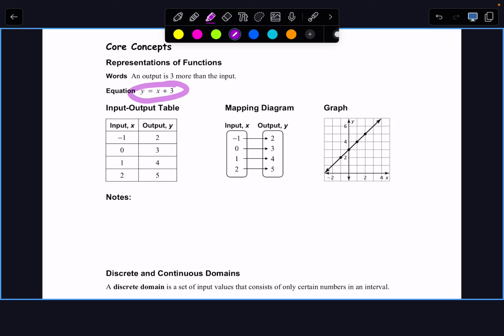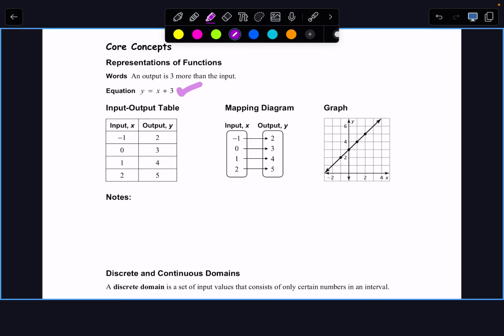We don't see any exponents on them, and they're separated. So I know that this is a linear function. What do you notice about the graph? It makes a line, a non-vertical line.